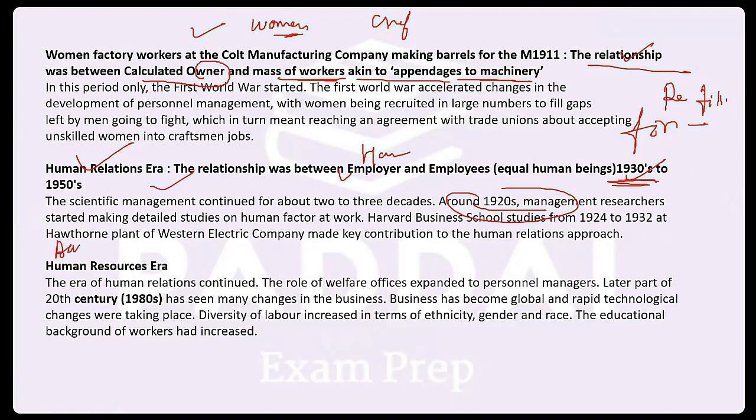Then your behavioral era, where behavior was studied. Then came your human resource management era. This was where management, planning, organizing, human relation in terms of motivation, gender, race, taking the background into care, diversity, all that came into the picture.